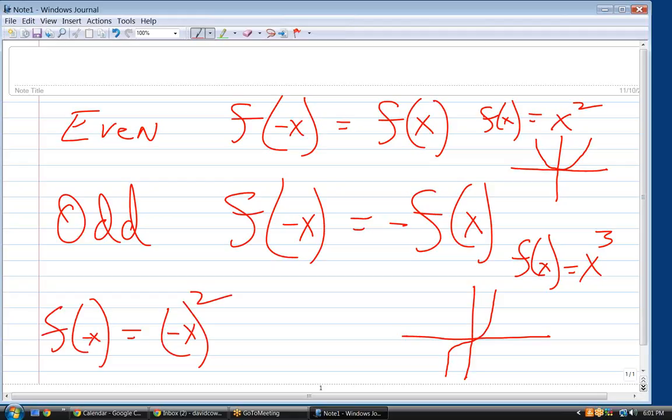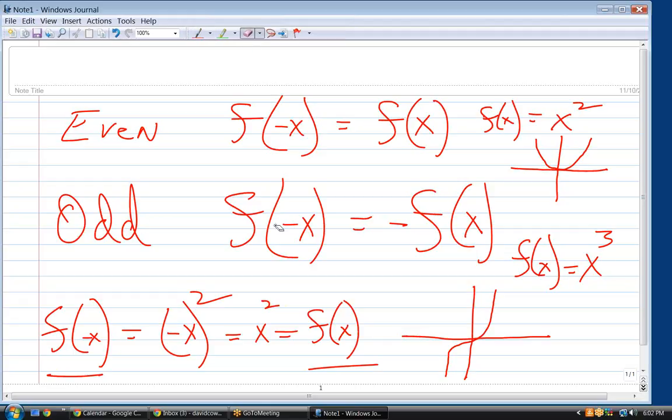In other words, that's what f of minus x means, is we're going to plug in minus x wherever we see x. Well, that's equal to x squared, which is equal to f of x. So we have f of minus x equals f of x. That makes it even.